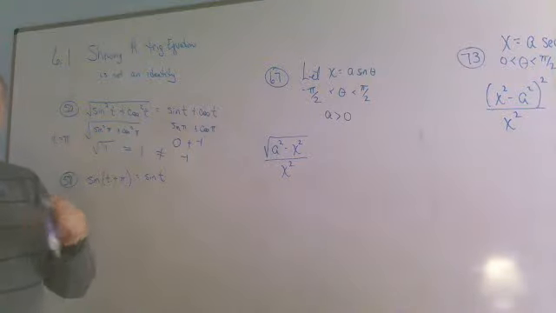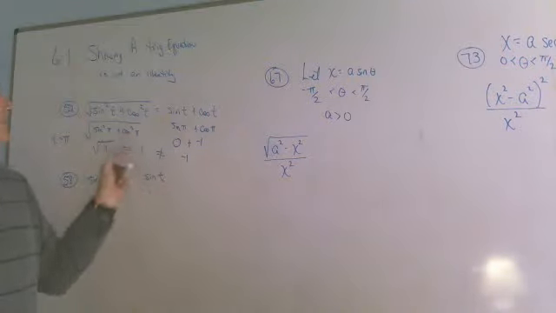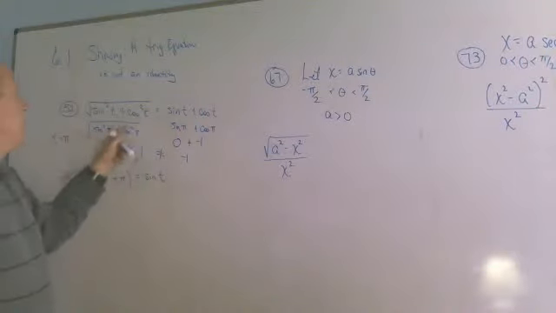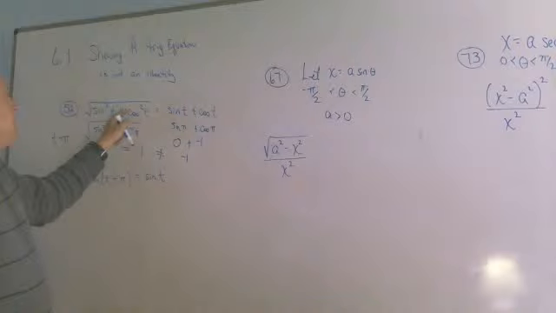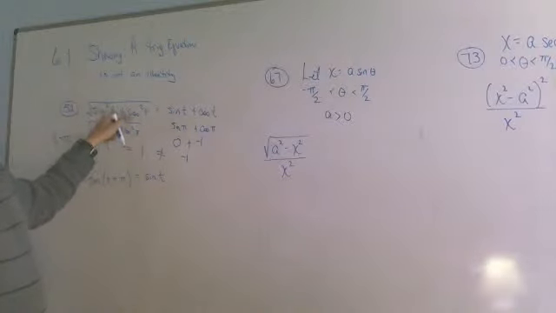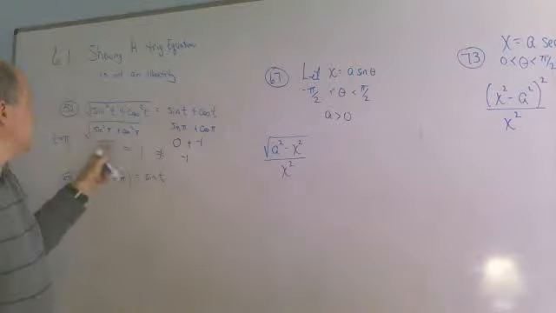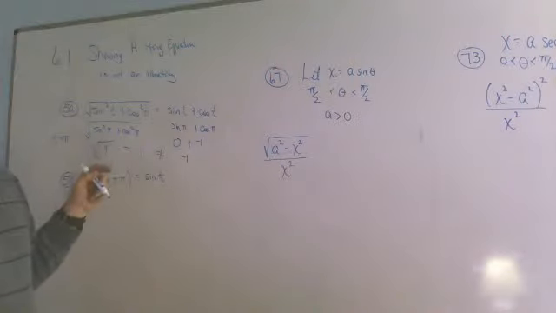So just that counterexample proves to me that this left side does not equal right side. But this is kind of a no-brainer because the square root of a squared plus b squared does not equal a plus b no matter what anyway. But this is a counterproof.